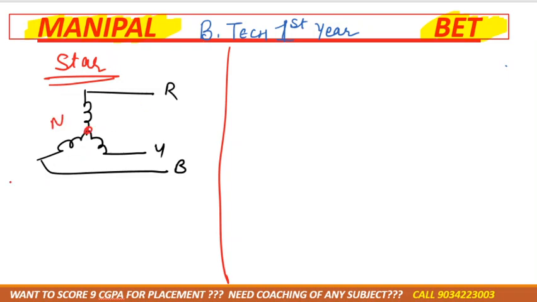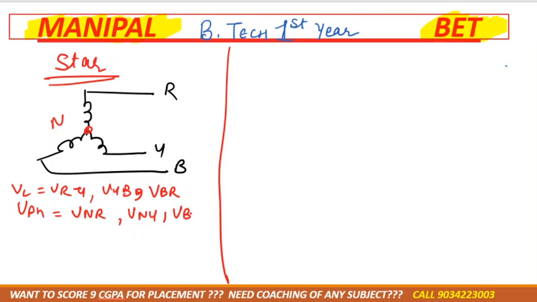As you know, the line voltages are VRY, VYB and VBR, and the phase voltages are VRN, VYN and VBN, right?